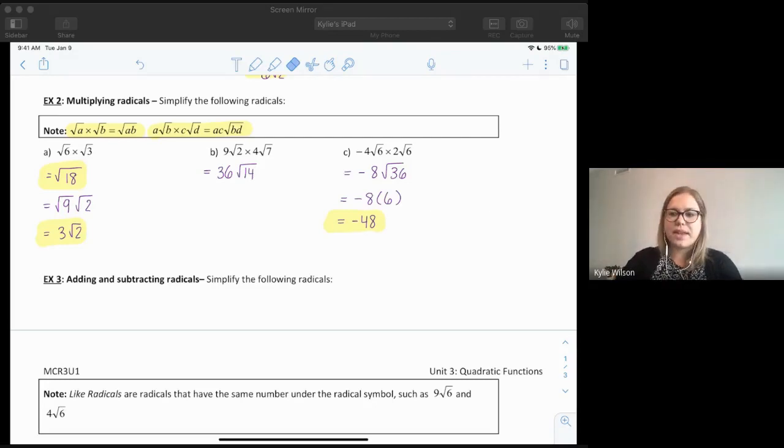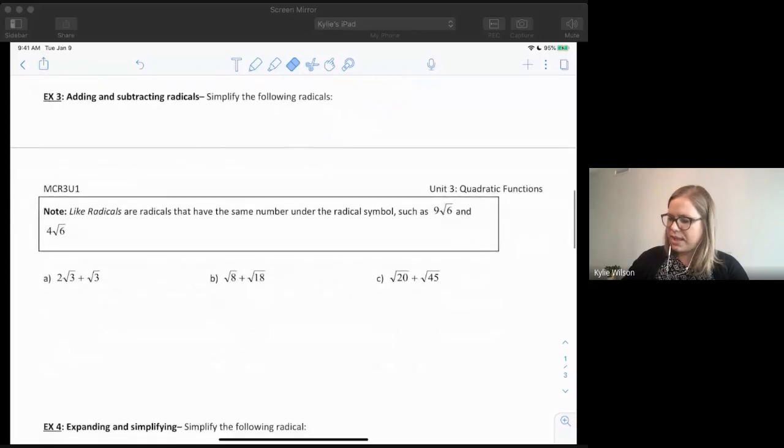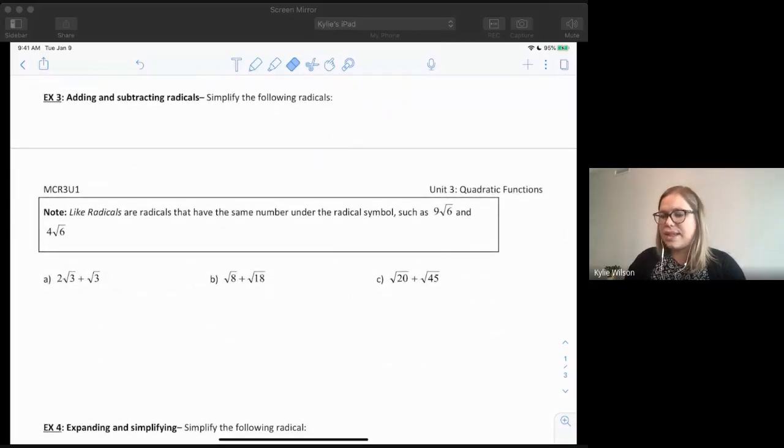Okay, let's now go through adding and subtracting radicals. So, like radicals, this word, our radicals have the same number under the radical symbol. So, kind of like terms.